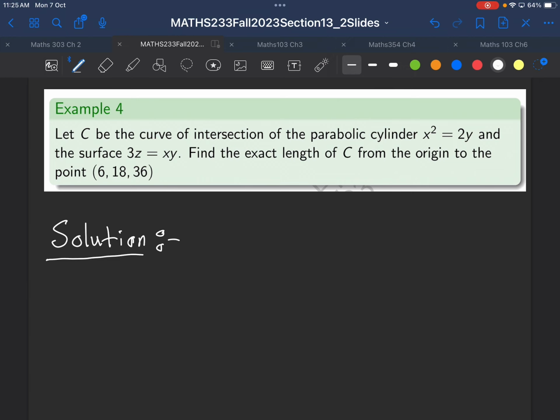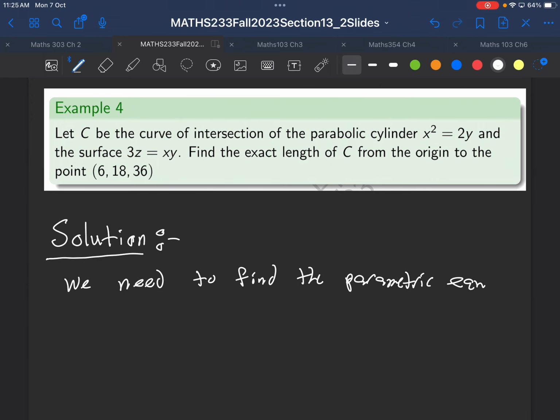So we need to find the parametric equation of the curve of intersection. Now, what is the parametric equation for the curve of intersection?